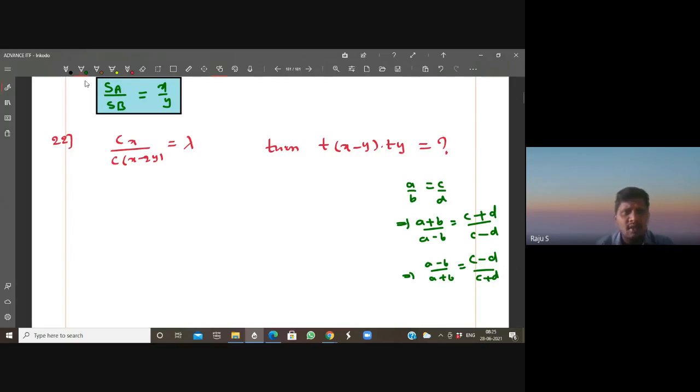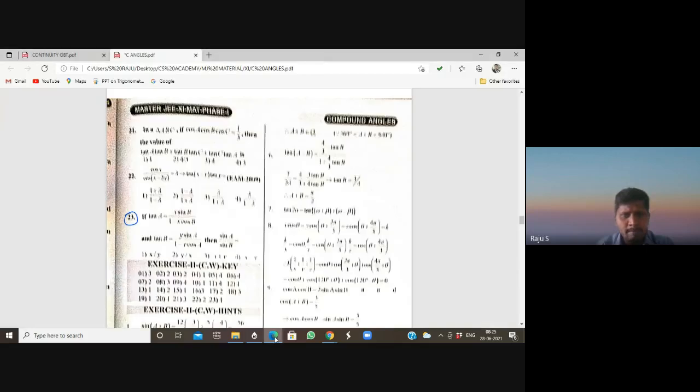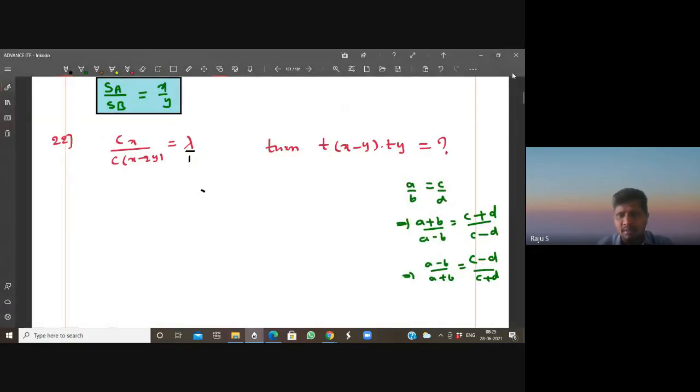In the same way, lambda can be written as lambda by 1, and 1 minus lambda is there. So I want to write the reciprocal: cos(x − 2y) by cos x equals 1 by lambda.